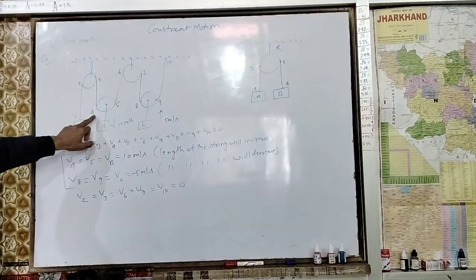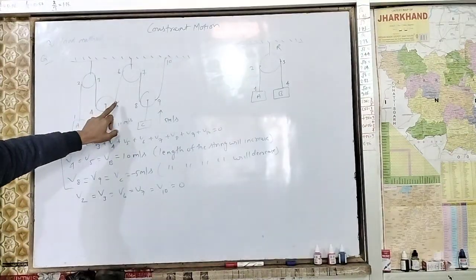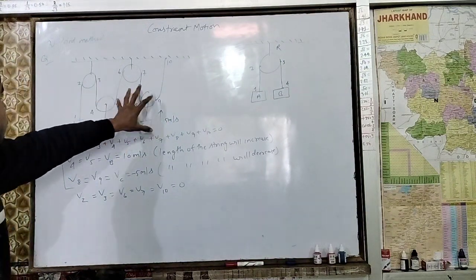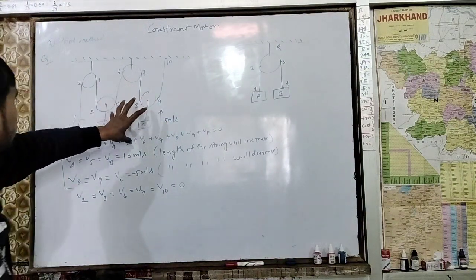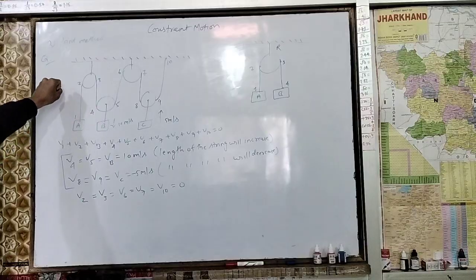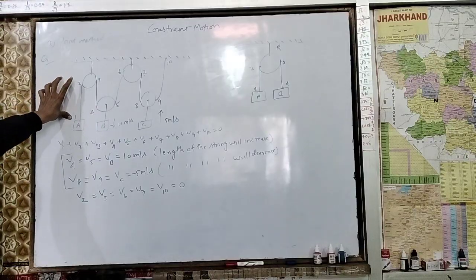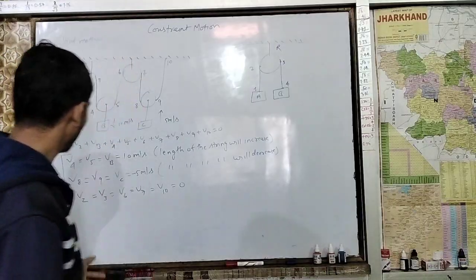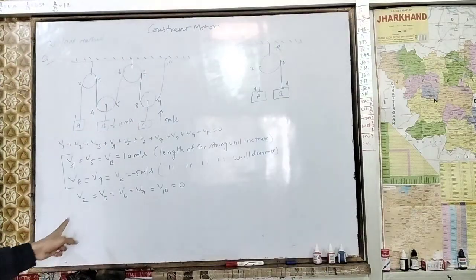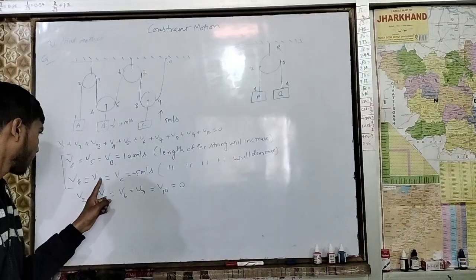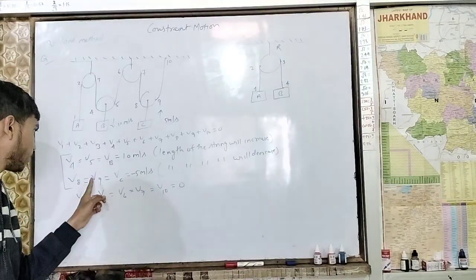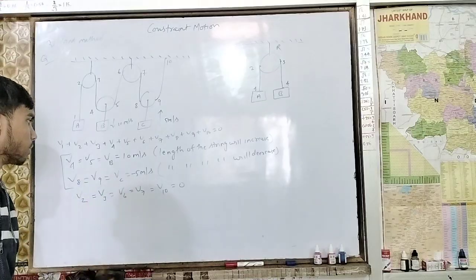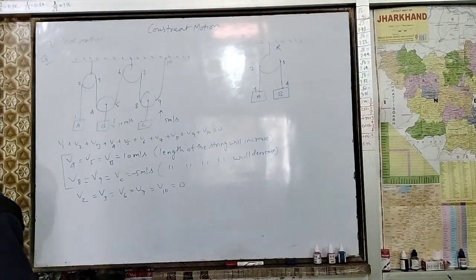We have taken this V4, V5, V8, V9. So don't take again. We are ignoring V1, okay? So over here we know that velocity of C, velocity of 9 will not be equal to 0.